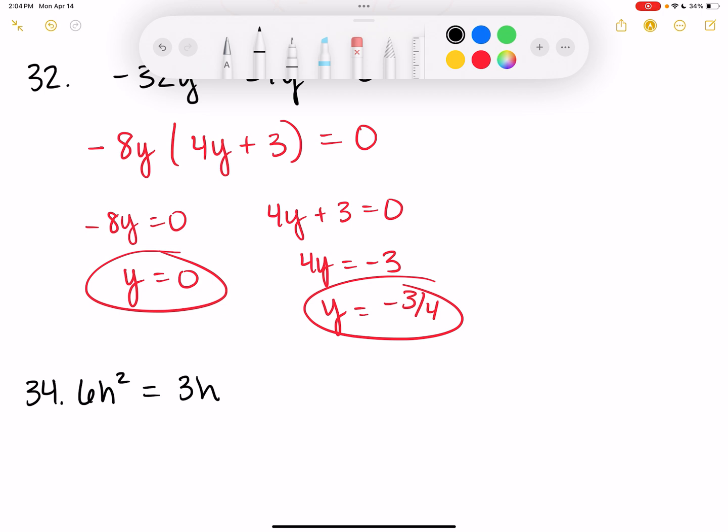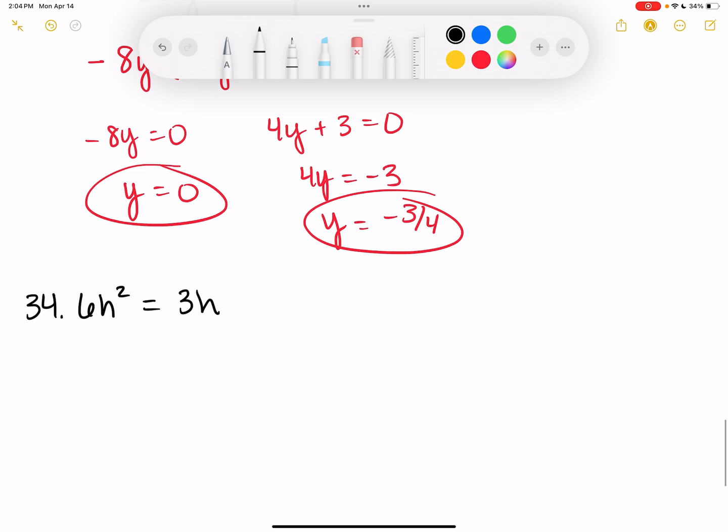So this is why I said earlier you've got to get everything equal to 0 before we start doing anything. So the first thing I need to do is I'm going to move everything. It doesn't matter if you move it to the right or the left, but we typically end up with 0 on the right. So I'm going to move 3h to the left. How do I do that? Subtract it, yep. So I've got 6h squared minus 3h equals 0. Now what?